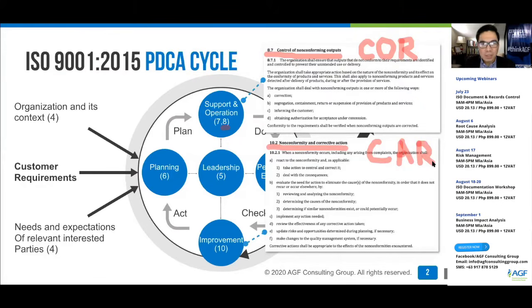Sometimes it's funny because the process owners compete as to how many cars they have, like automobiles, but CAR stands for corrective action report. Let me repeat that. Correction is 8.7, while corrective action reporting is 10.2. It's found right here in clause 10. Did you get that? Now I will dive further into this so that you understand the difference.